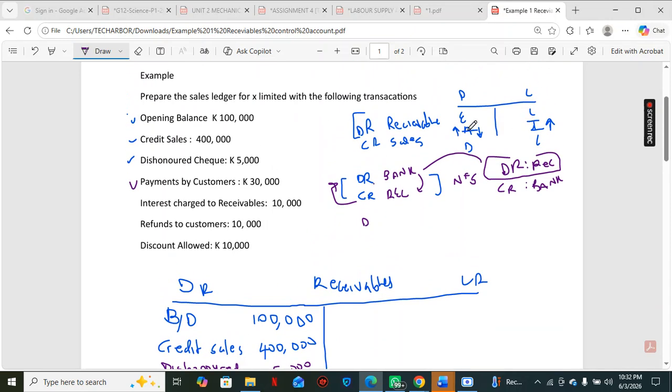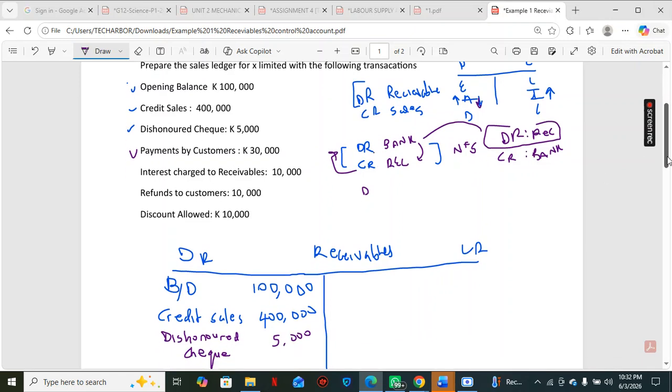Money is an asset, and an increase in an asset, we debit. Then you credit that receivable because the money that they're owing you has dropped. That's a reduction in an asset, and a reduction in an asset, you credit. So here in our control account, we're going to put payment by customers. This is reducing what is being owed to you. So you credit 30,000.